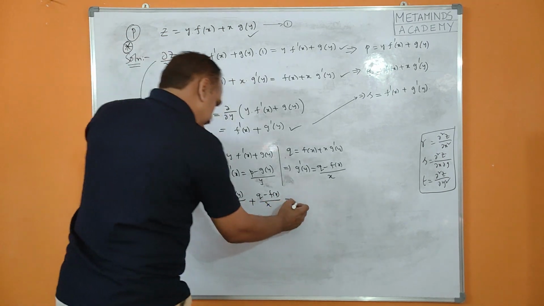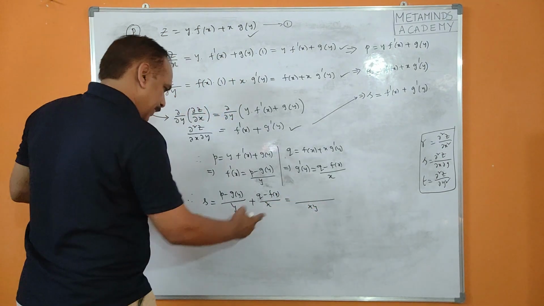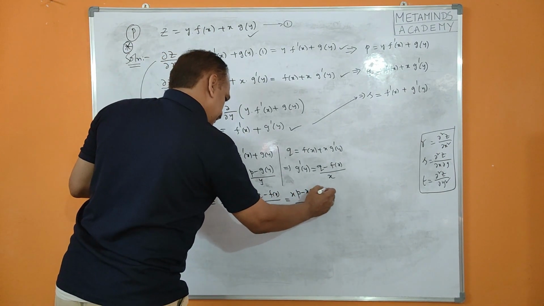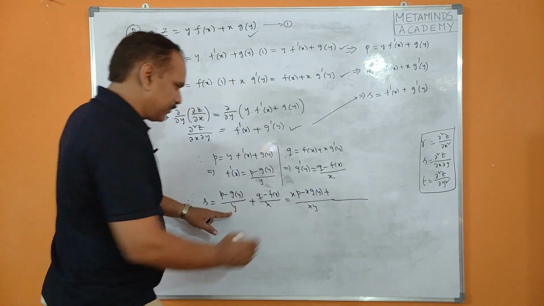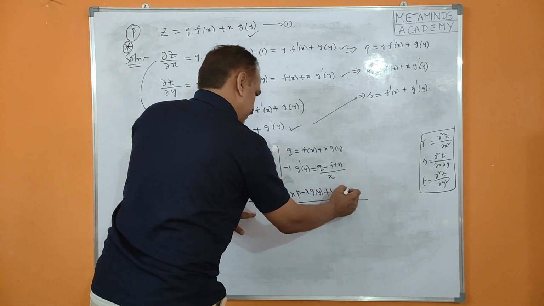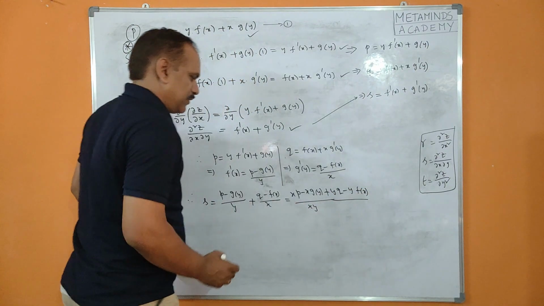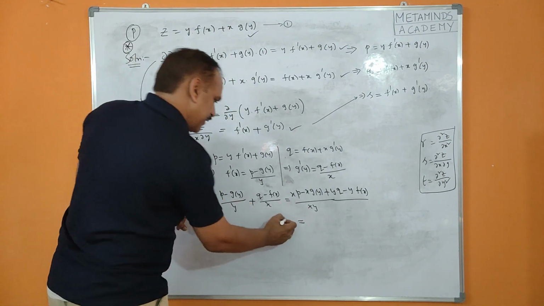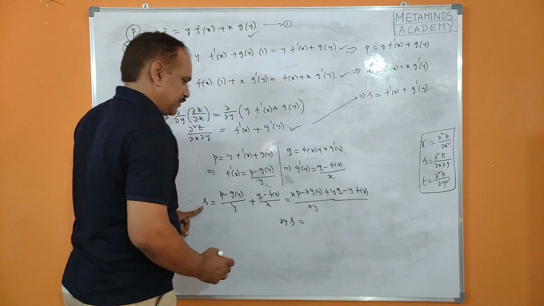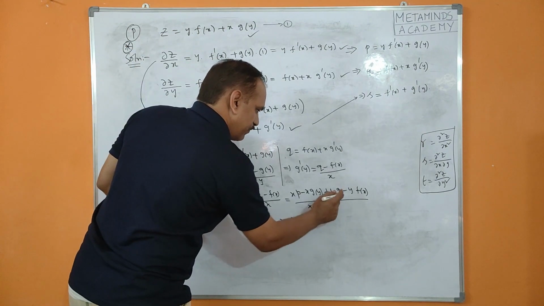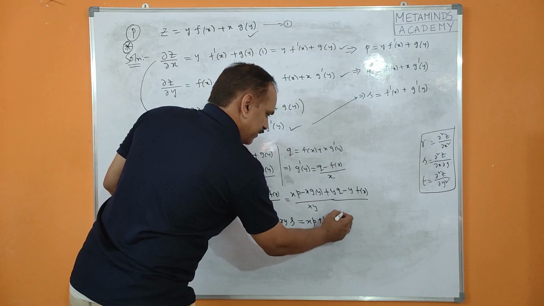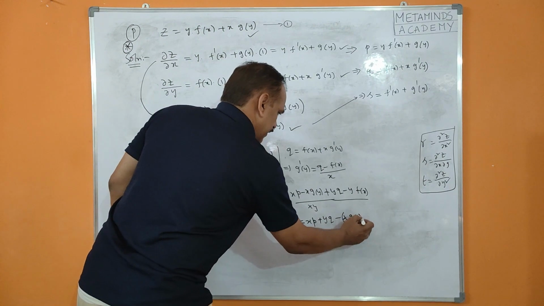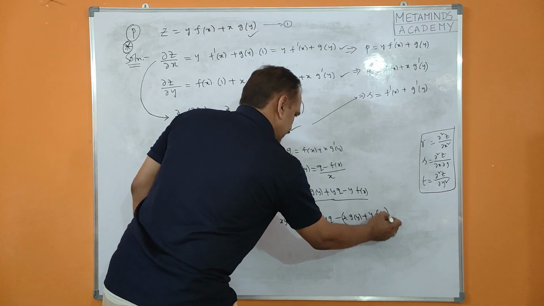So you cross multiply, you will get xy in the denominator, LCM, xp minus xg of y plus yq minus y into f of x. You can take this xy to the left hand side, cross multiplication, you will get xys equal to xp plus yq minus, taking minus common, x into g of y plus y into f of x.